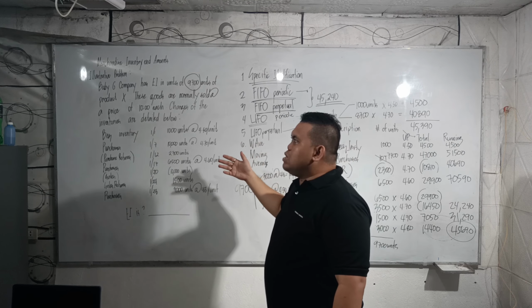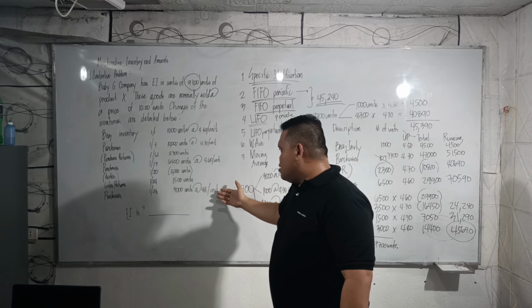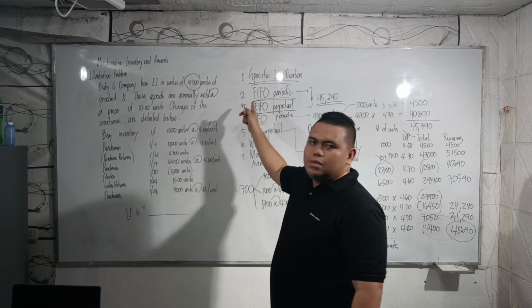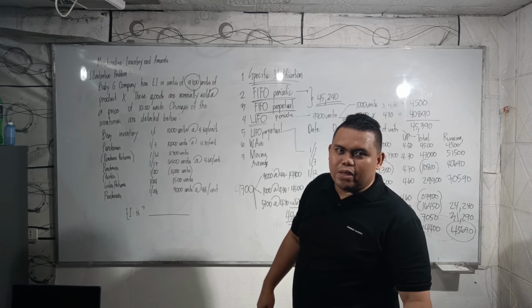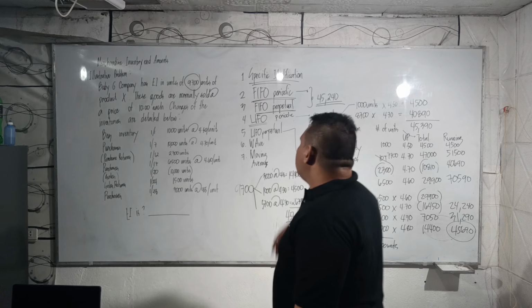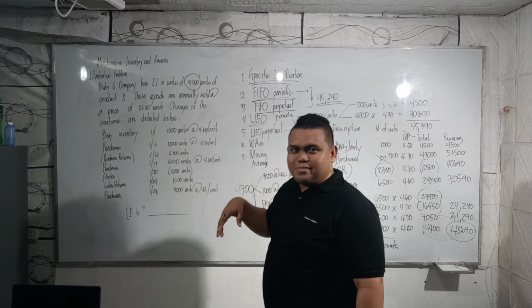And in inflationary economies, for example, the prices are bigger recently than in the earlier dates. Okay? However, if we're talking about deflation, the ending inventory for LIFO will become bigger.